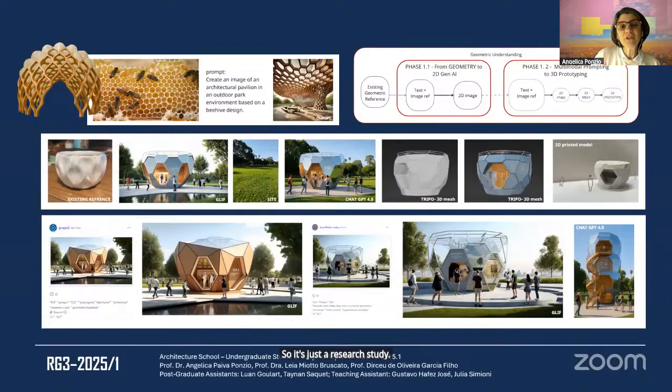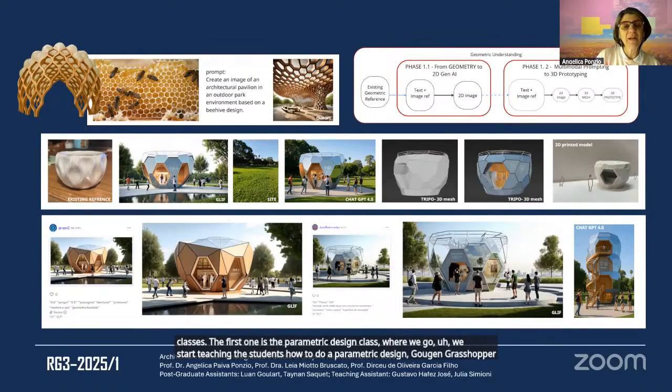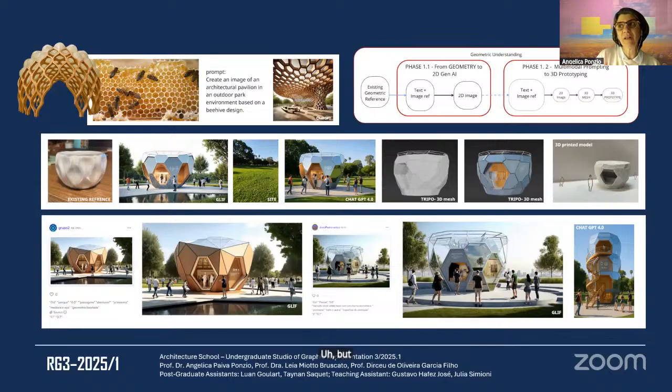And now I'm going to show a little bit of my two classes. The first one is the parametric design class, where we start teaching the students how to do parametric design using Grasshopper and Rhino. But we also have a lot of problems in teaching. This is our undergraduate students for the fourth semester.